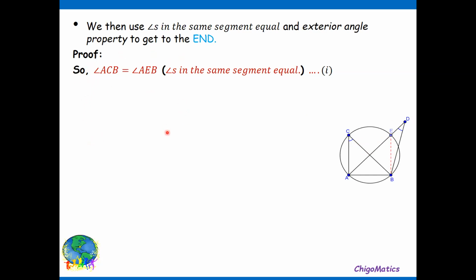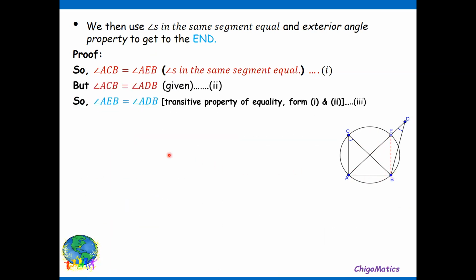To prove that, we start by saying angle ACB is equal to angle AEB, right? Angles in the same segment equal, subtended by the chord AB. But we are told that ACB is equal to ADB, right? In C and in D, they are equal. That information is given to us in the problem.